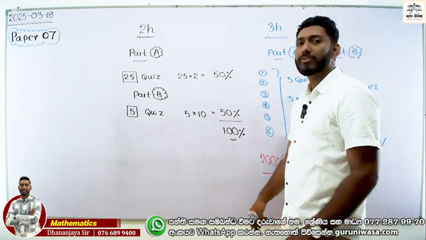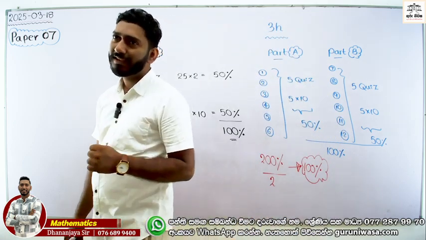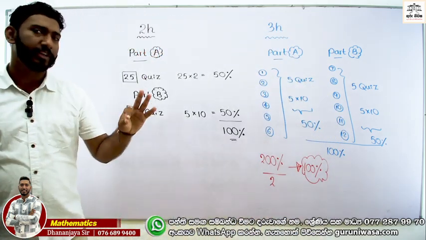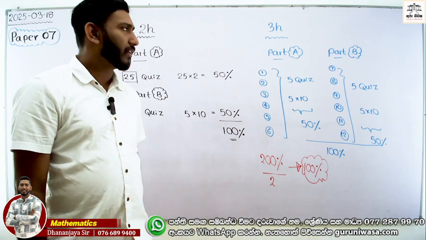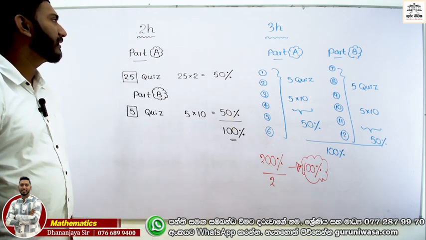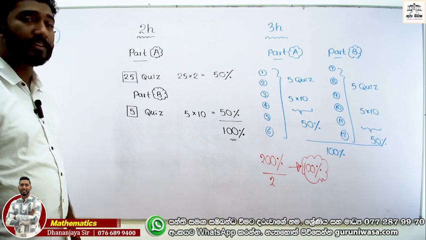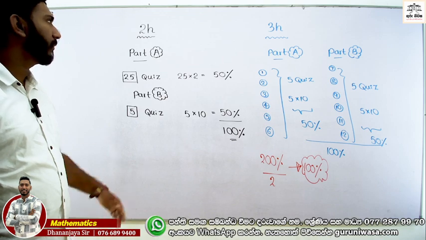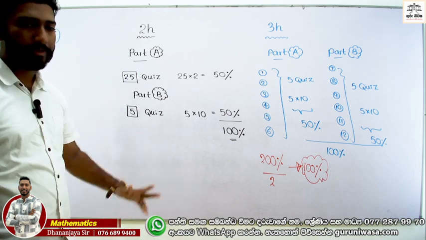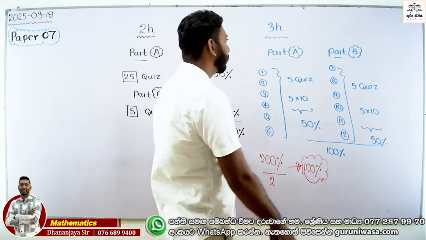In grade 10, you already followed this structure. You know this structure: first term, second term, third term. You faced three exams in grade 10. Now you are in the first term of grade 11, the same scenario, a 2-hour paper and a 3-hour paper.